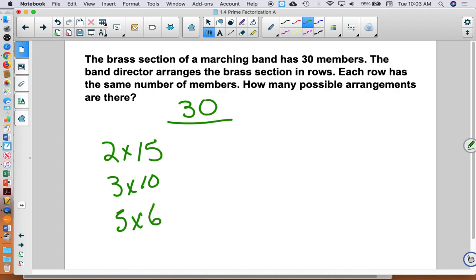So obviously, we know it's divisible by 6, but is that arrangement already there? No, it's not, because I could have 6 rows with 5 people, or 5 rows with 6 people. So that would be a different arrangement. Do you agree? Okay. Is it divisible by 9? No. How about 10? Yes.